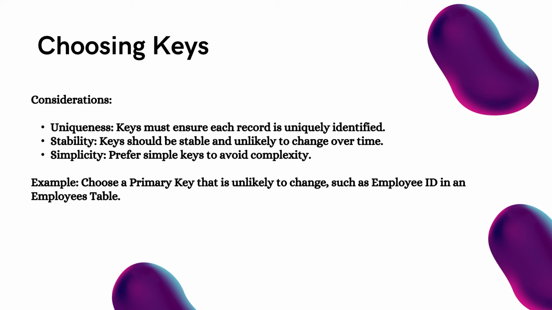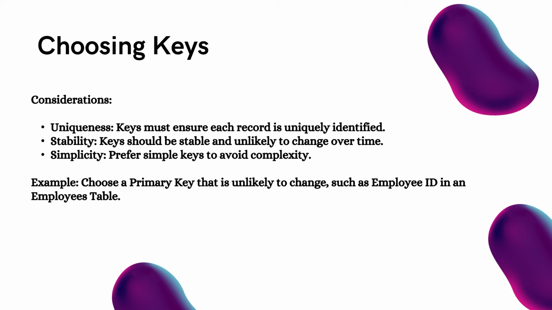Now we'll be understanding some points that we should keep in mind while choosing the keys. First, you must consider what field is unique. That should be the key, as a key must ensure each record is unique. Then the key should be stable and cannot change over time, like your employee ID, which doesn't change over time, right?